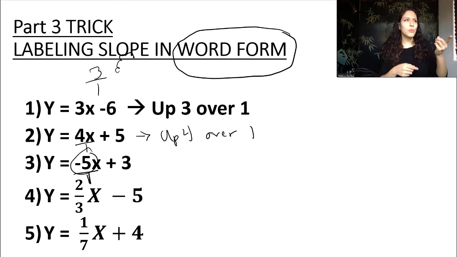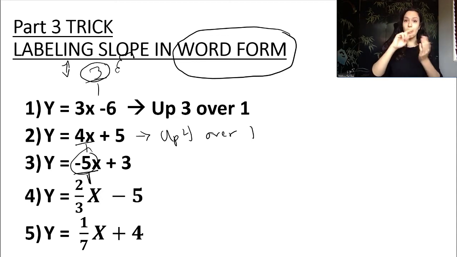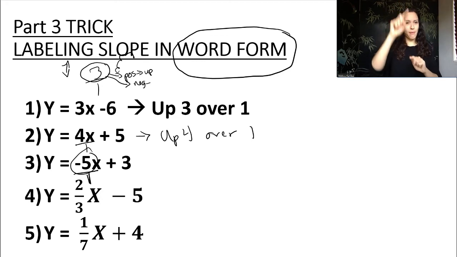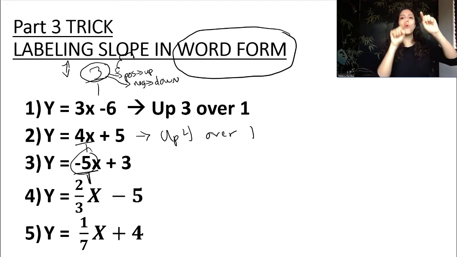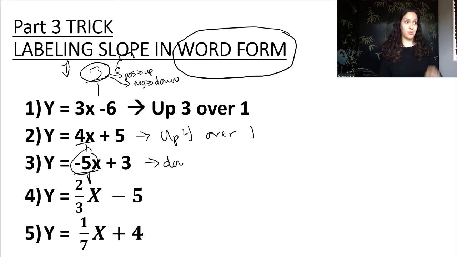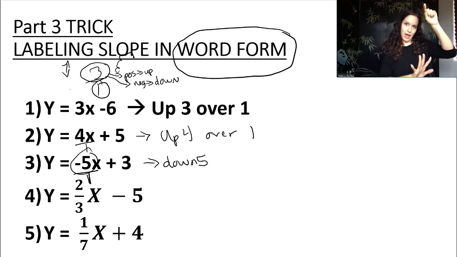What about this one? Well, do you see how it's a negative? Okay. The top part represents going up and down. So if it's positive, we go up. If it's negative, we go down. So it's going to be down 5. This bottom one represents going left or right.